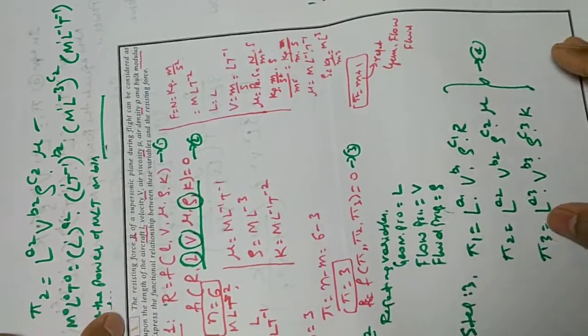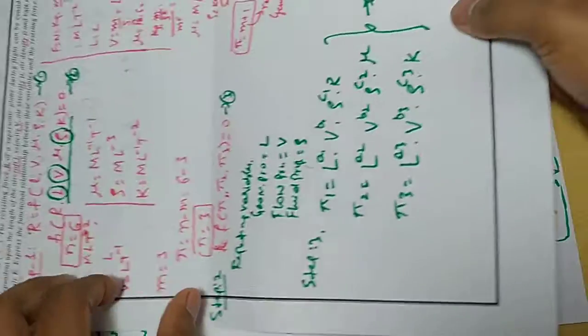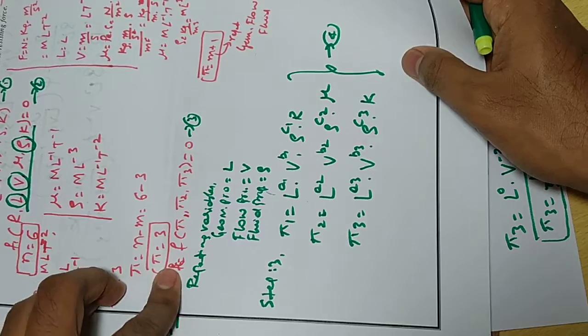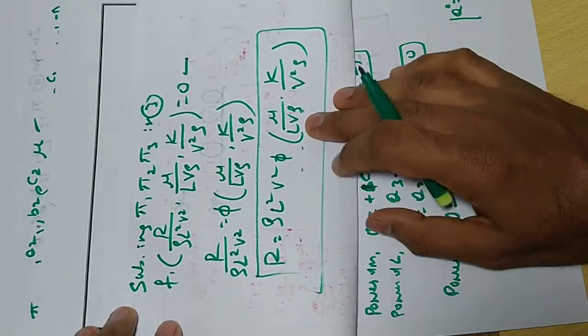Everything I explained step by step. After getting pi 1, pi 2, pi 3, substitute in equation 3. Later, further simplification you have to do.